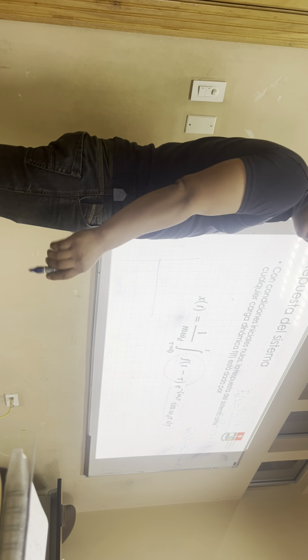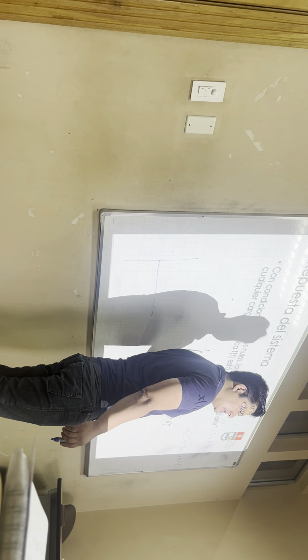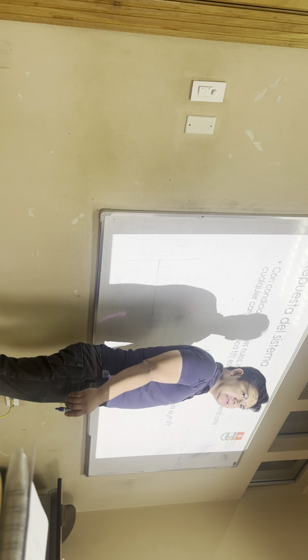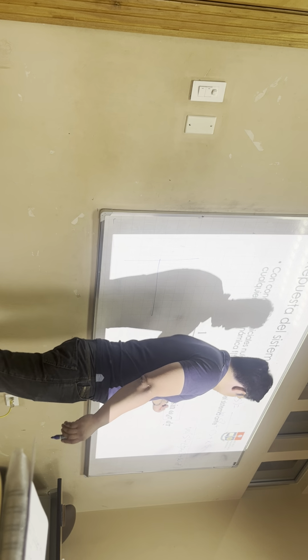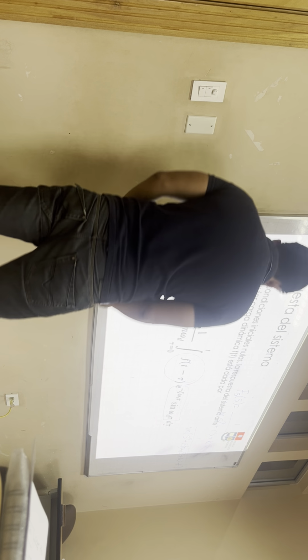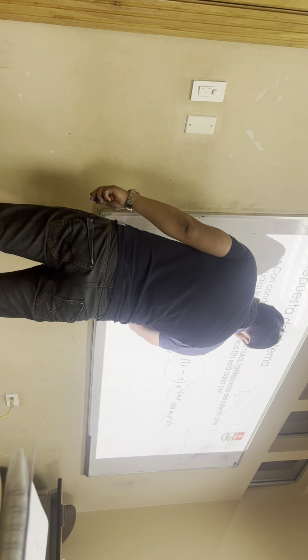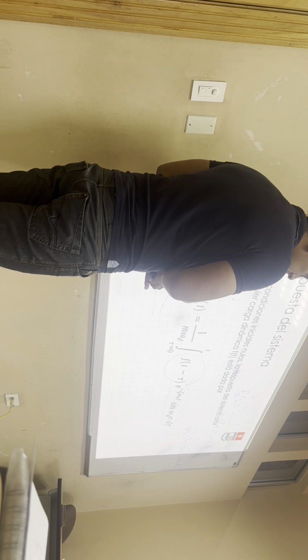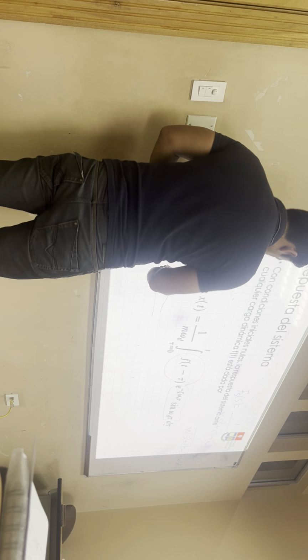That function there is the product of a function that decays in time and the function that is periodic. So this periodic function with a period equal to 2 pi over omega d is multiplied by this decaying function. The decaying function looks like this, and the sinusoidal decaying looks like this.